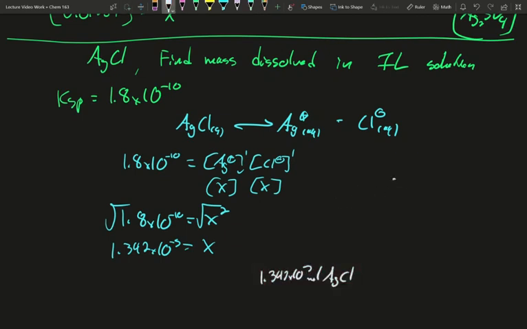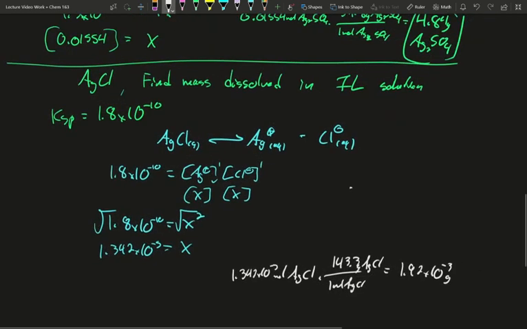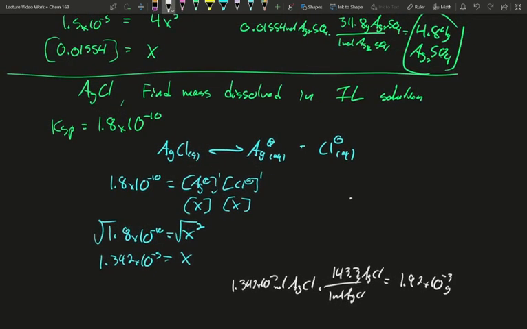Well, if that's the amount moles for every 1 mole of silver chloride, it's 143.3 grams of silver chloride, which comes out at 1.92 times 10 to the minus 3 grams. So if we compare that to our silver sulfate, 4.84 versus 0.00192.